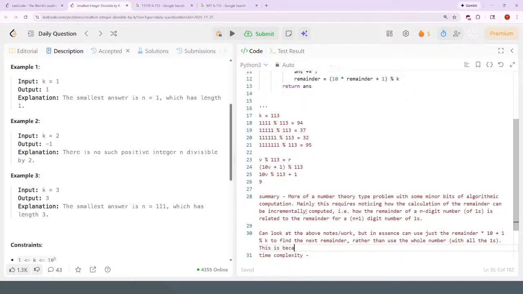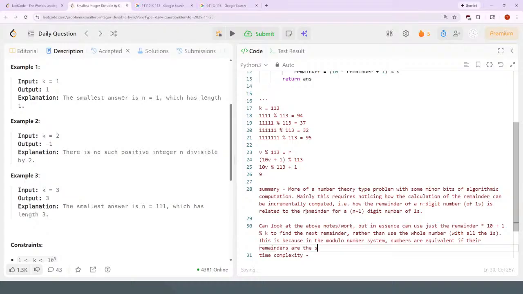This is because in the modulo number system, numbers are equivalent if their remainders are the same.